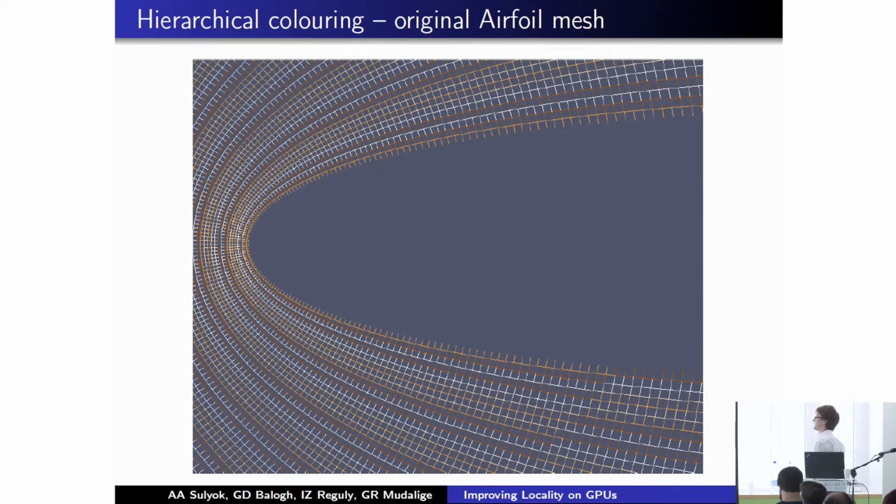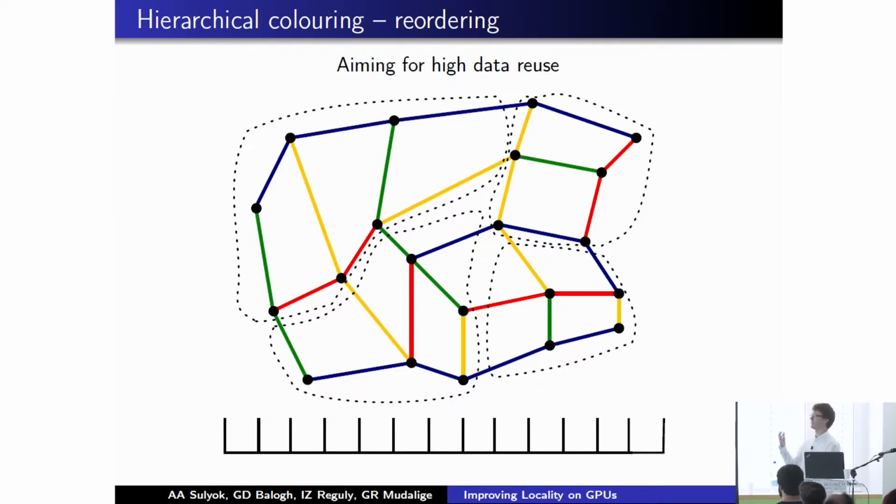Now we can see that the blocks are sort of long and narrow. This corresponds to the original numbering of the mesh. And the data reuse within them is not as high as it could be. What we want is to increase the data reuse within the blocks, and so decrease the data reuse between the blocks.